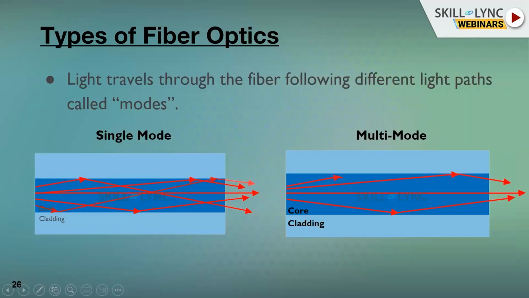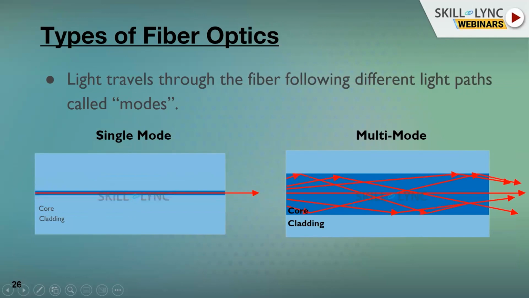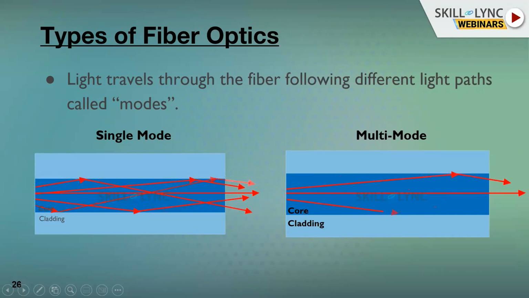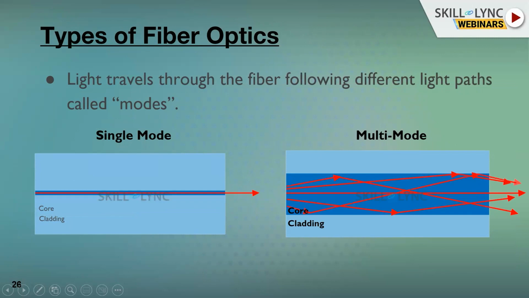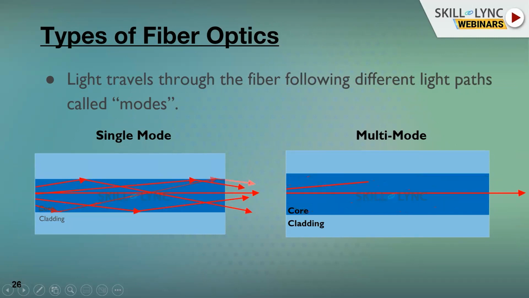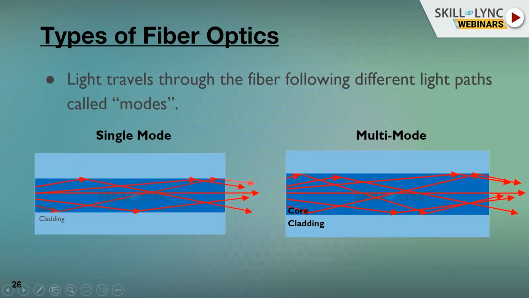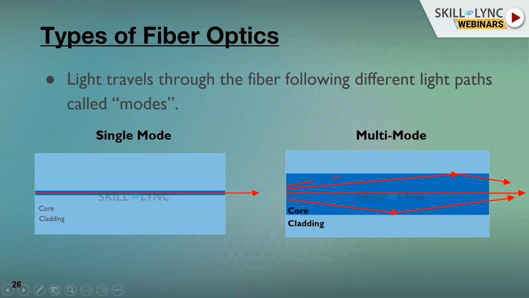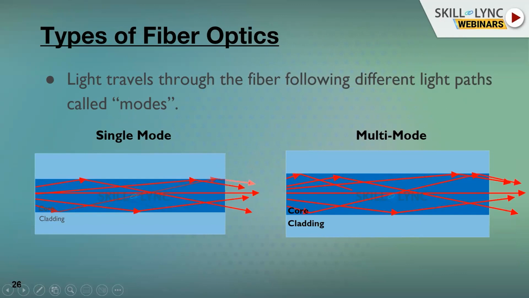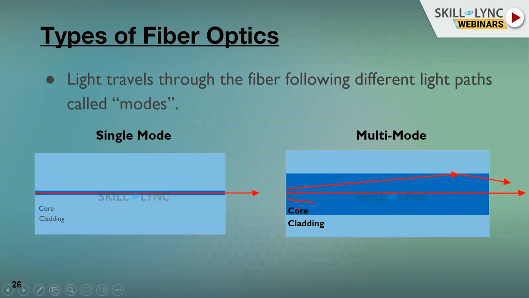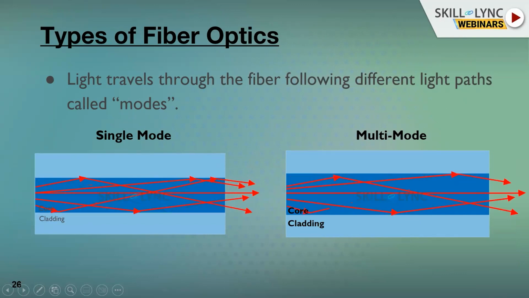So let's talk about the different types of fiber optics. How do you define the modes? Light traveling through the fiber following different paths are called modes. As I said before, you have two types of modes. The first one is single mode and the second one is multi-mode.